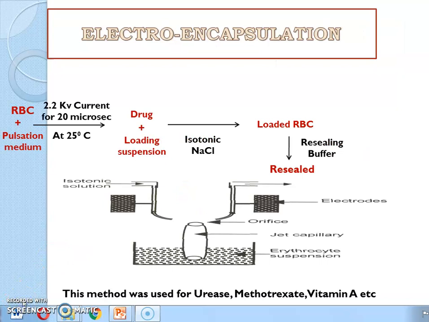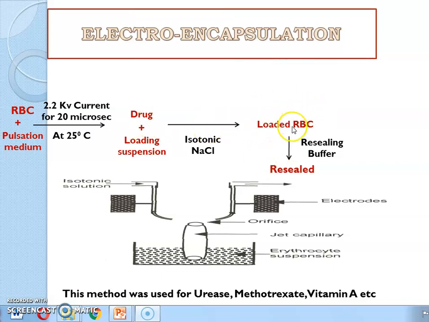The second method is the electroencapsulation method. In this method, the erythrocytes are electrically broken down by supplying a current of 2.2 kV for 20 microseconds at 25 degrees Celsius. Due to that, there is a breakdown of the cell membrane of the RBCs, and these RBCs are placed into the drug present in the isotonic solution, where the drug gets loaded into the RBCs.